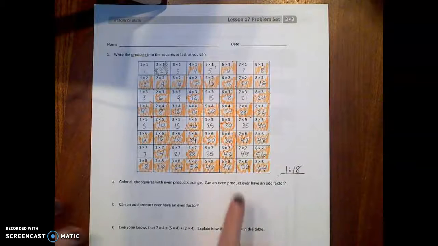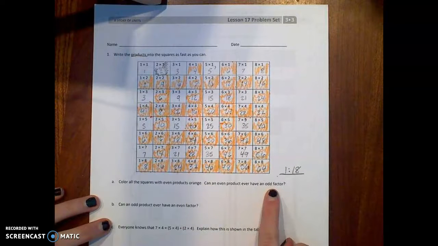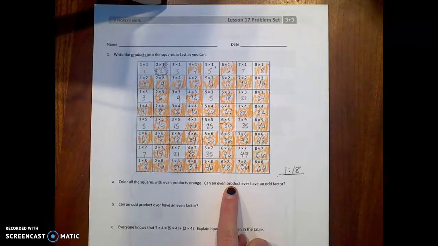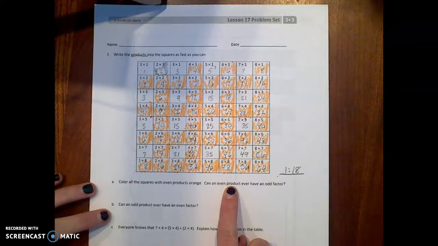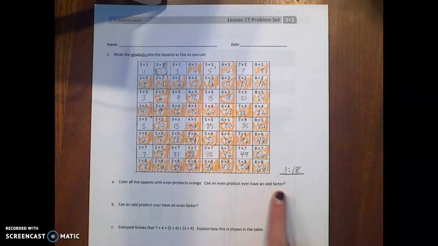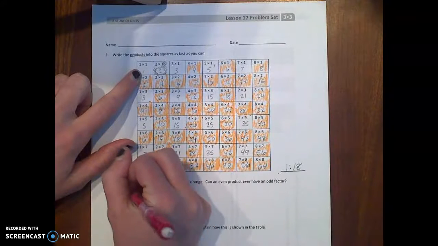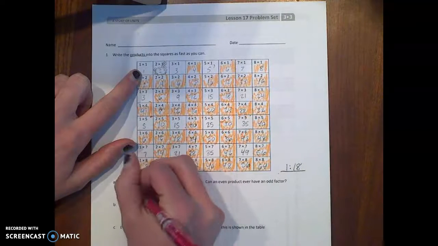Now, one of the questions says, can an even product ever have an odd factor? So we know that a product is the answer to a multiplication sentence, and the factors are the two parts of a multiplication sentence. So let's take a look here at 1 times 1. We know that that equals 1.